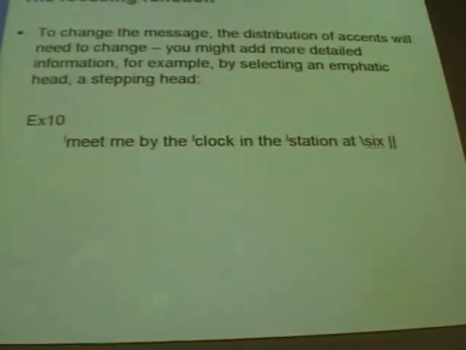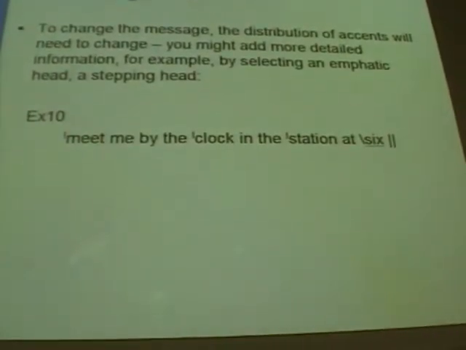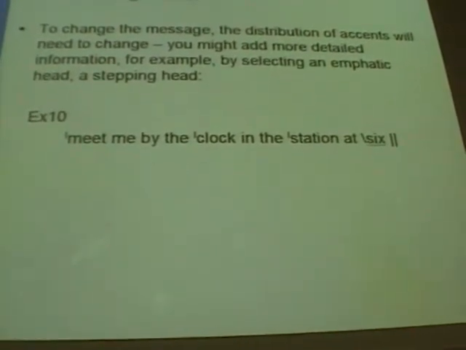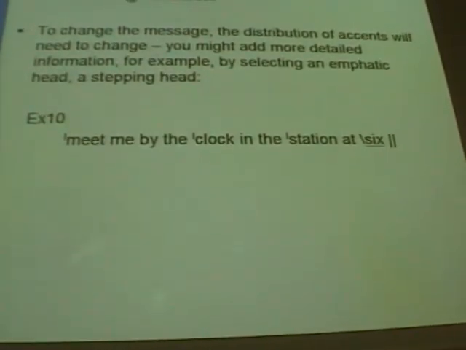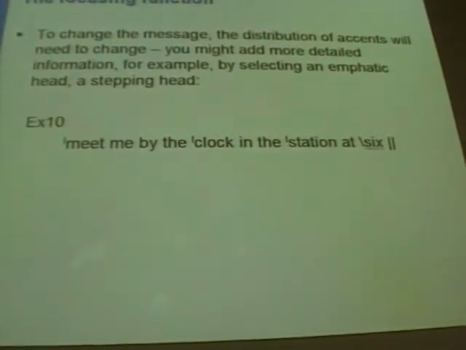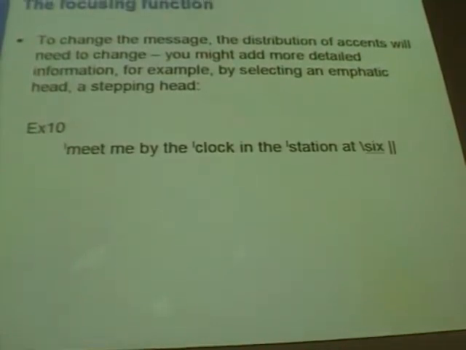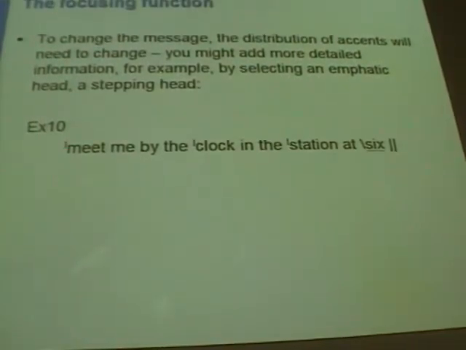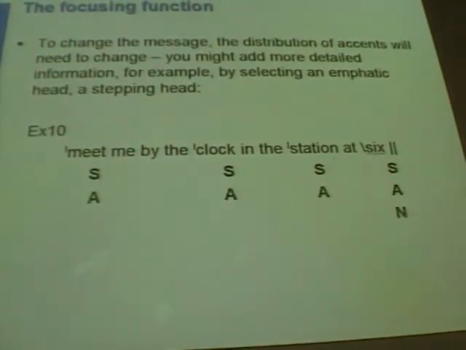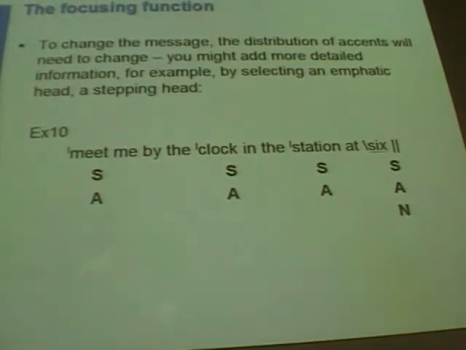But if I want to change that message in any way, I'm going to have to change the distribution of accents. I might want to add more information, and I might do that by adding in a stepping head, as I've done here. Meet me by the clock in the station at 6. Do you remember that stepping head we saw going downstairs? That's doing it again here. What I've got now is four stresses, each of which is an accent.